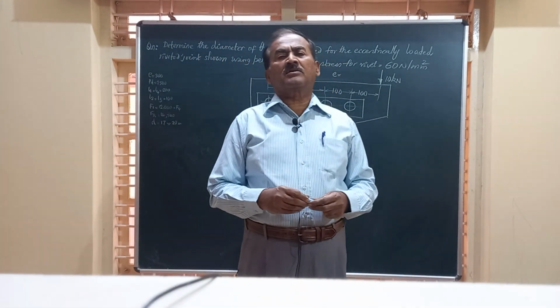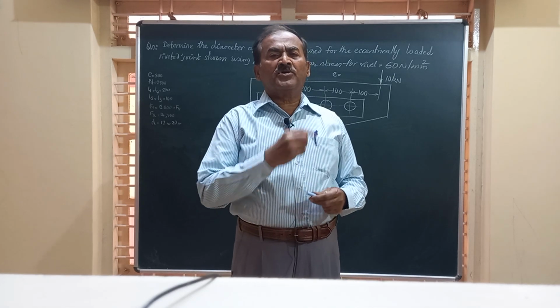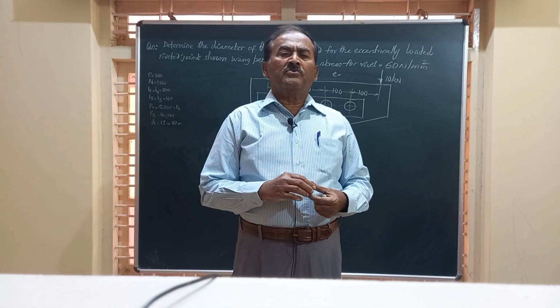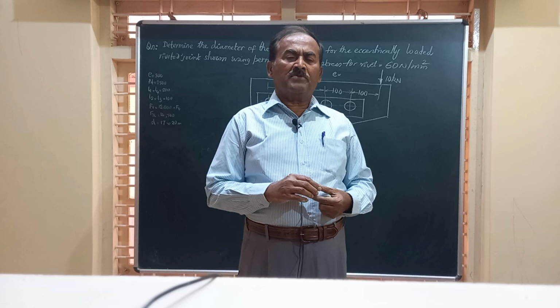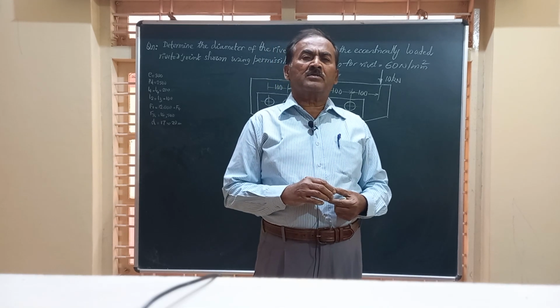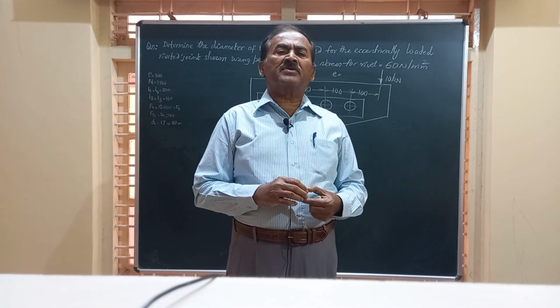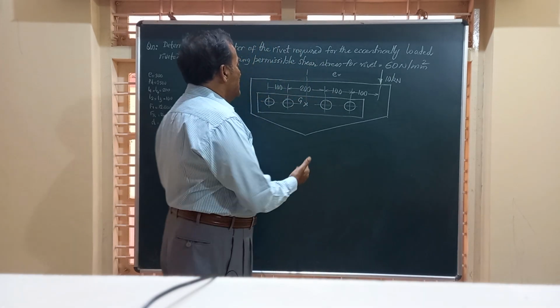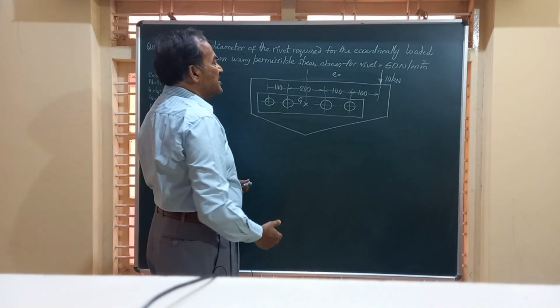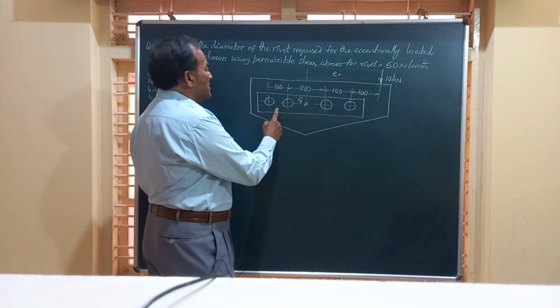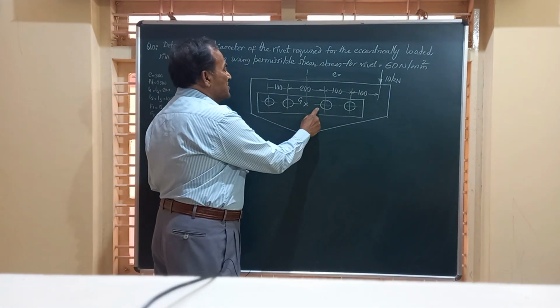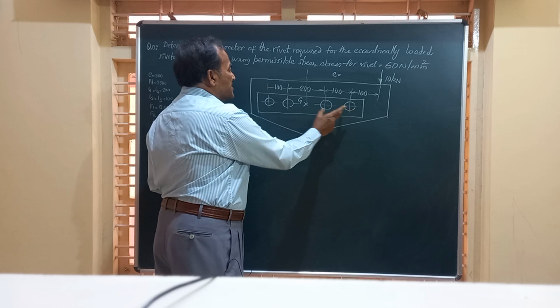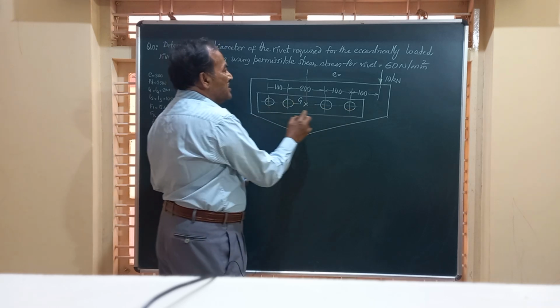In today's video, we are going to work out a problem on an eccentrically loaded riveted joint. The joint is as shown in the figure, and friends, you have got 1, 2, 3, 4 rivets, with the distances between them given.